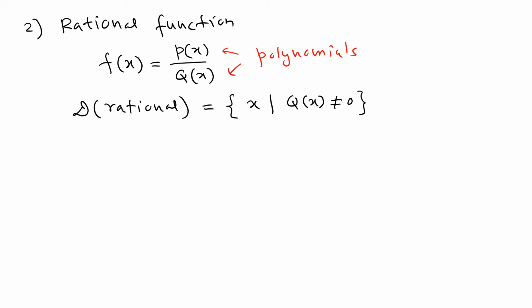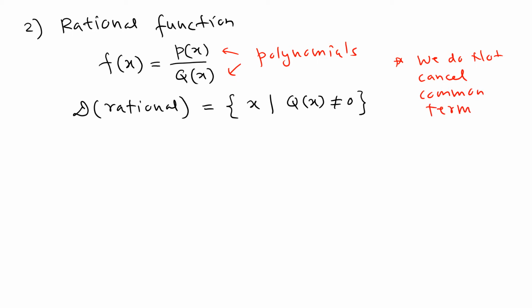That's how we find the domain, and we don't worry about the numerator because nothing happens there. Even if you see a common term, we do not cancel common terms. That's something you have to remember.